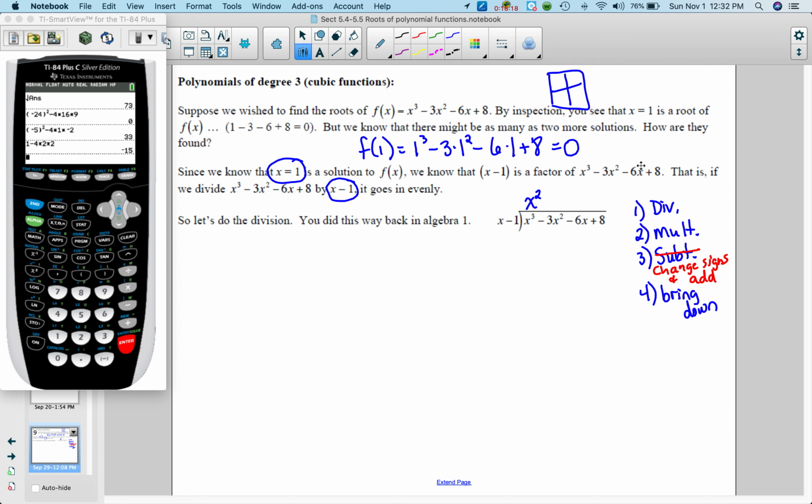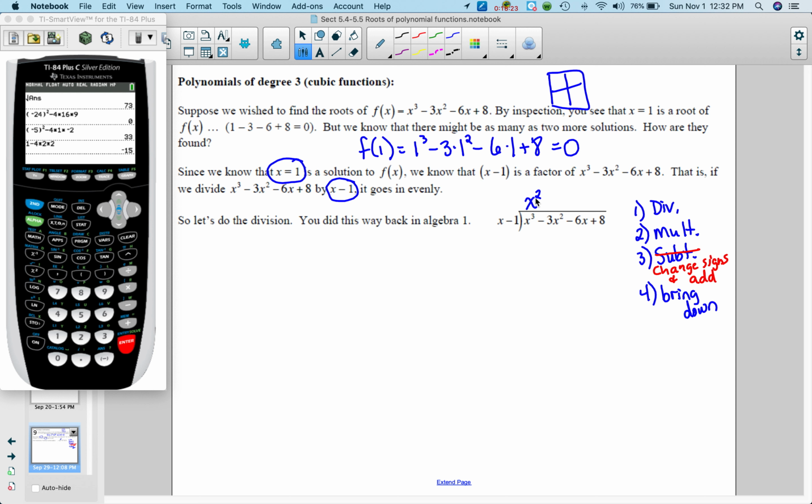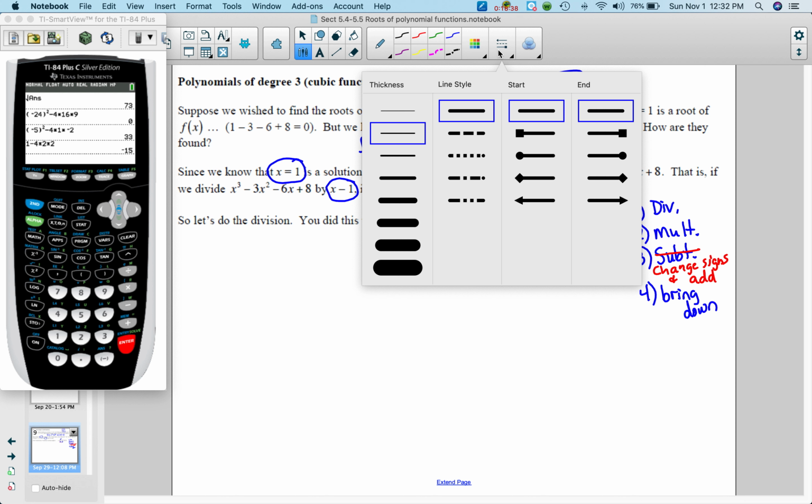We've done that before. So I divided, now I need to multiply. x squared times x is x cubed. x squared times minus 1 is minus x squared. Then we change the signs and add.